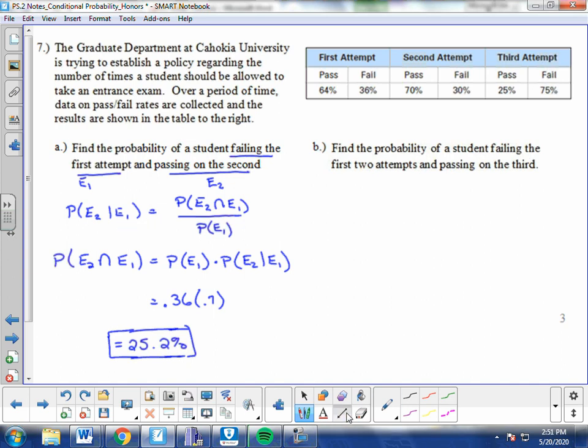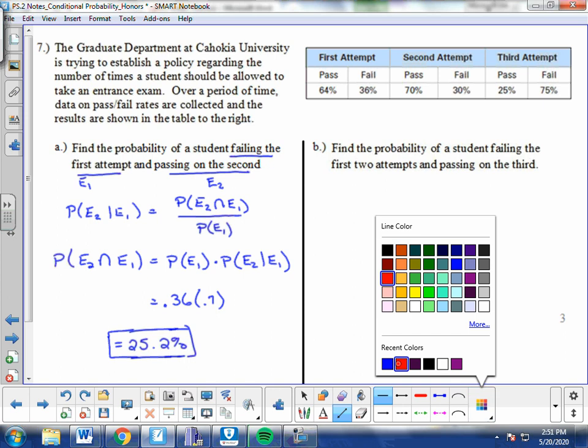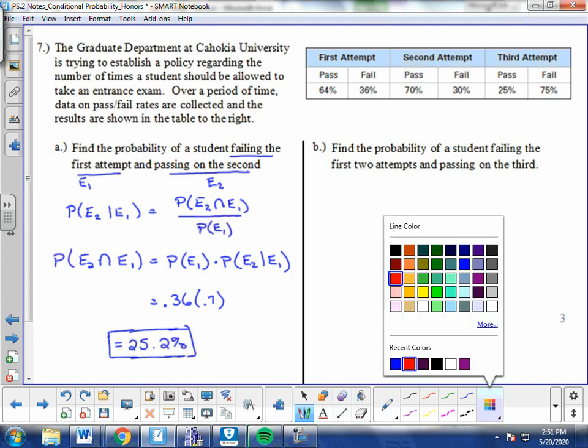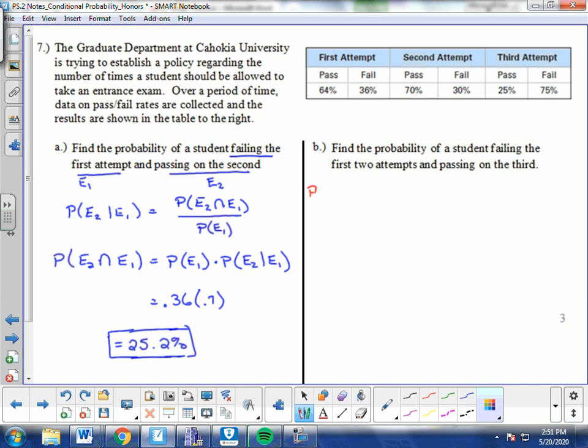Now let's take a look at part B. B takes this a step further, and it says find the probability of a student failing the first two attempts and passing on the third. We can basically extend the idea of what we did in problem A. So we're going to have to find the probability of the student failing the first two and passing on the third.